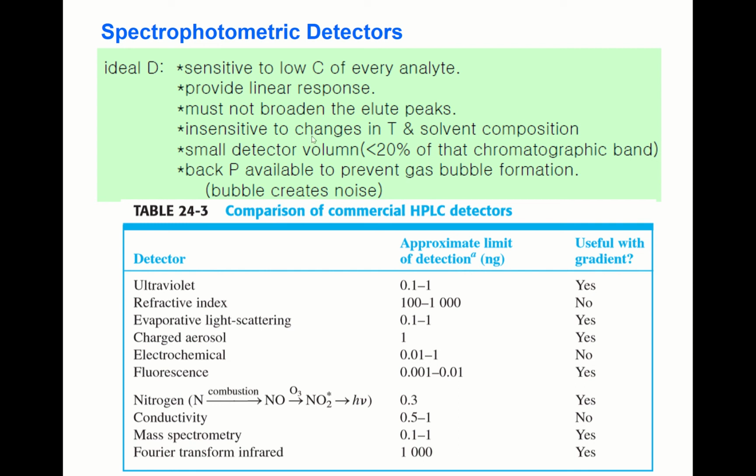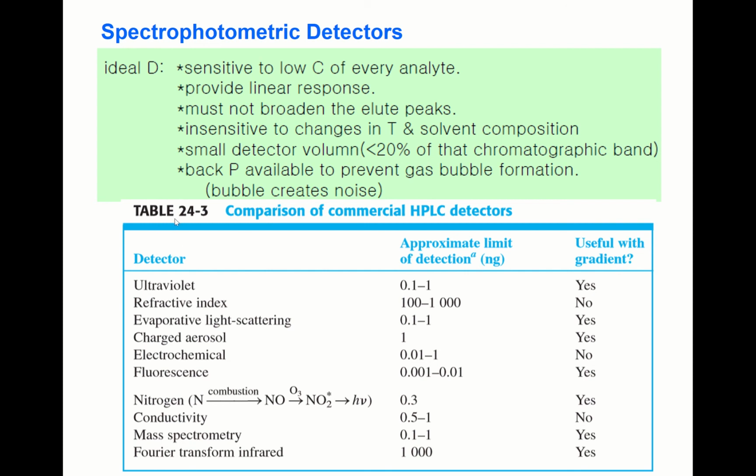It is insensitive to changes in temperature and solvent composition. It requires a small detector volume, less than 20% of that of the chromatographic band, and back pressure is applied to prevent gas bubble formation, because bubbles create noise.